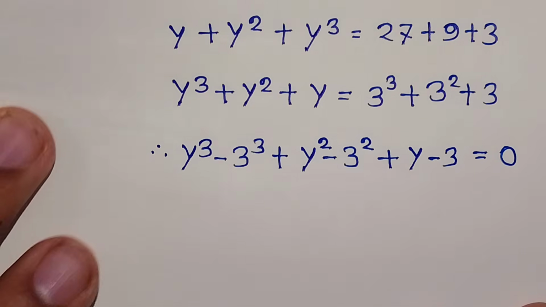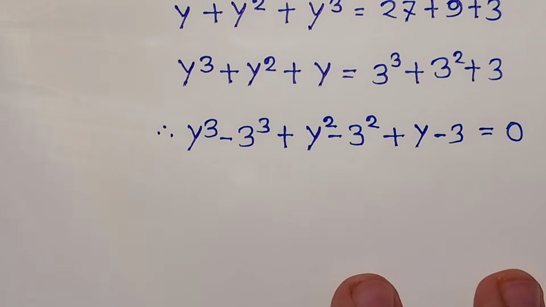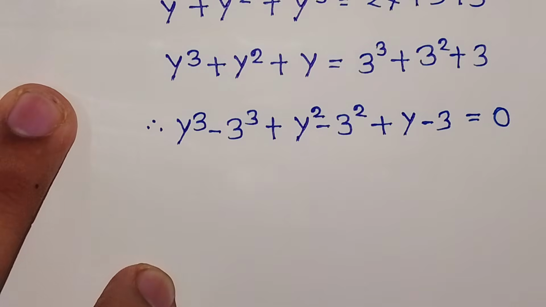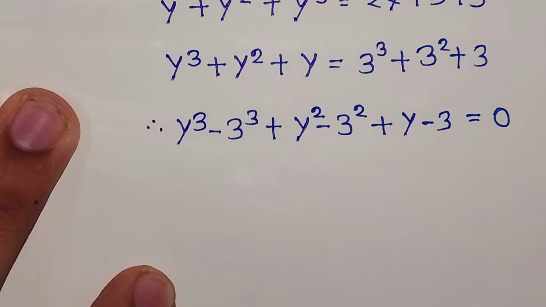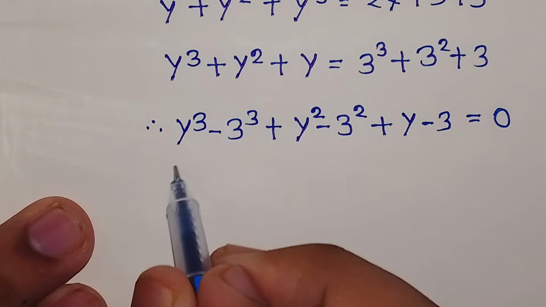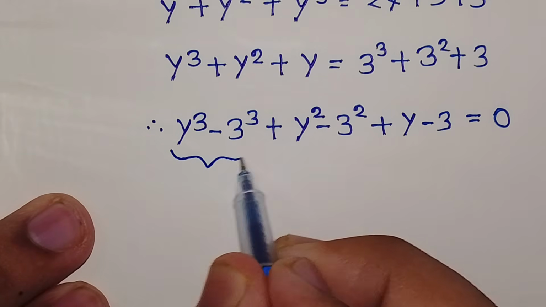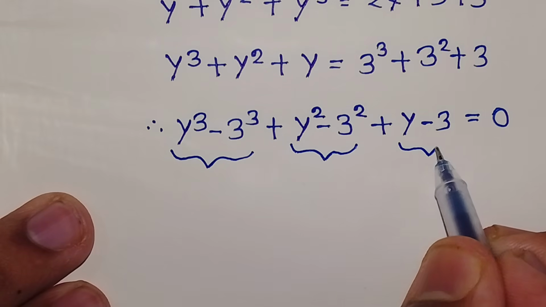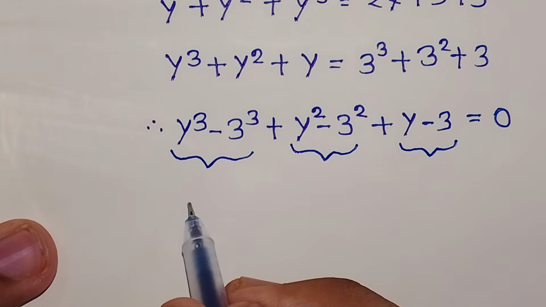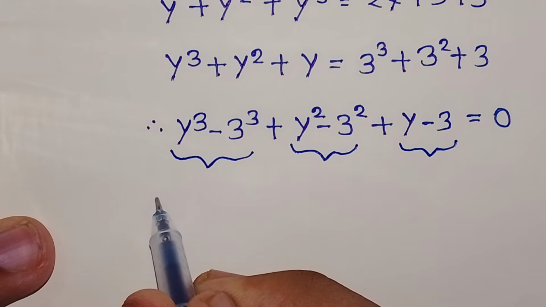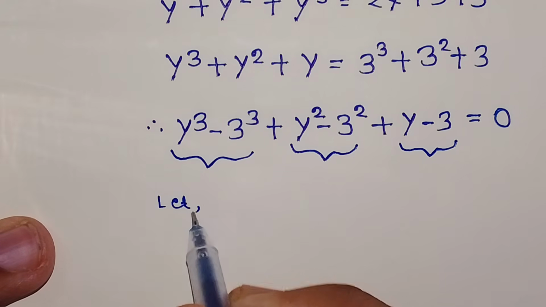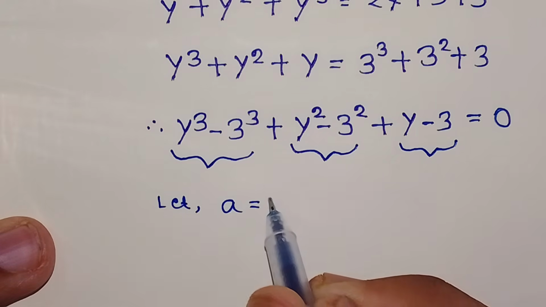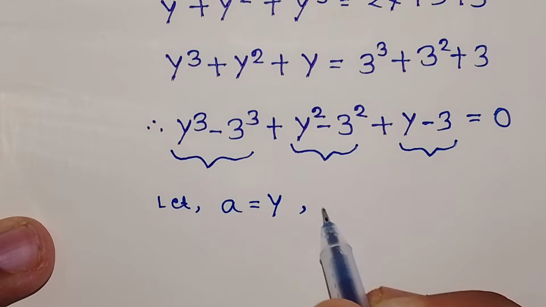If you attentively look here, we get the cube, square and single formula equation in here. So we just apply those formulas like a cube minus b cube, and a square minus b square, then the math will be solved in an easy way.